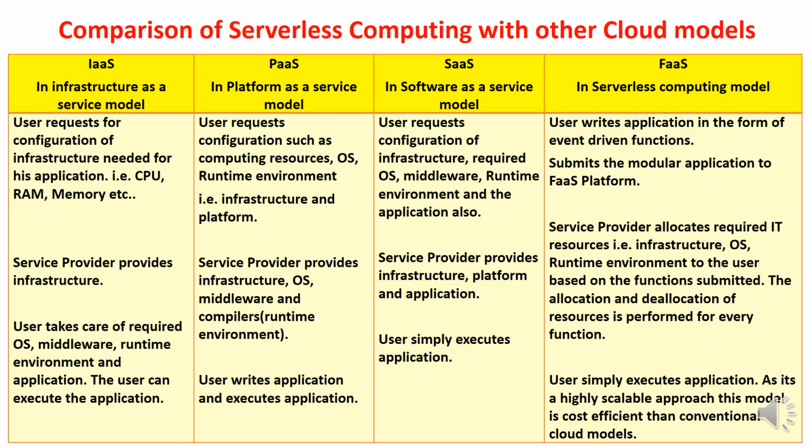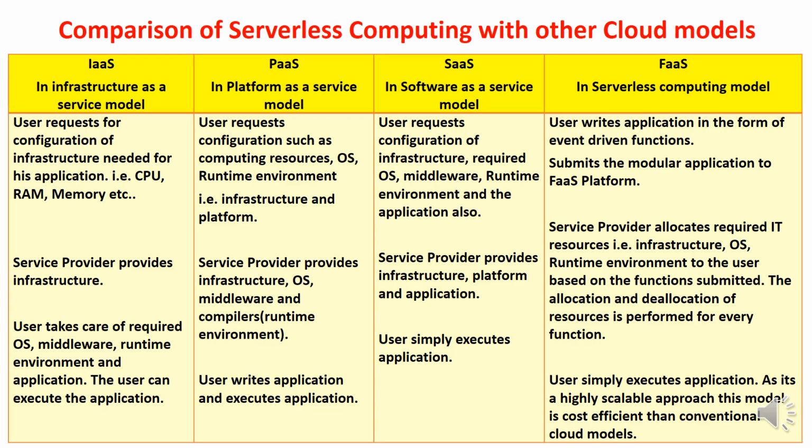Then, allocation of IT resources in platform as a service. The user requests configuration such as computing resources, operating system, and runtime environment, that is, infrastructure and platform. The service provider provides infrastructure, operating system, middleware, and compilers, that is, runtime environment. The user writes the application and executes it on top of the runtime environment provided by the service provider.